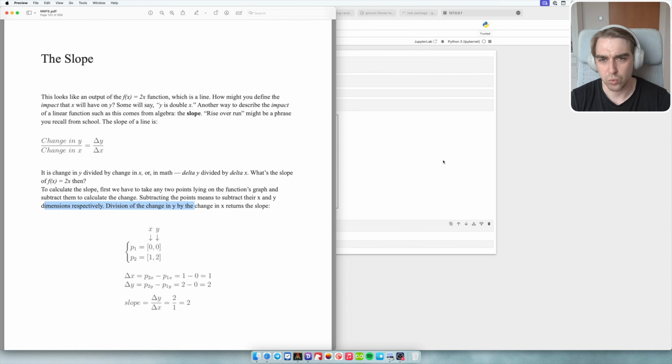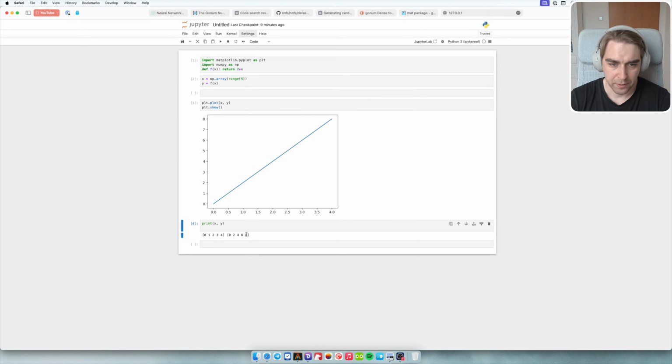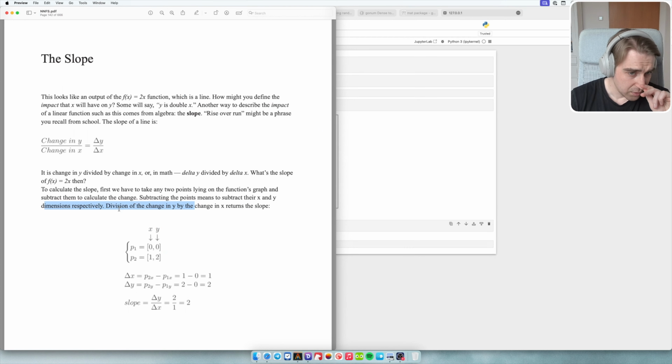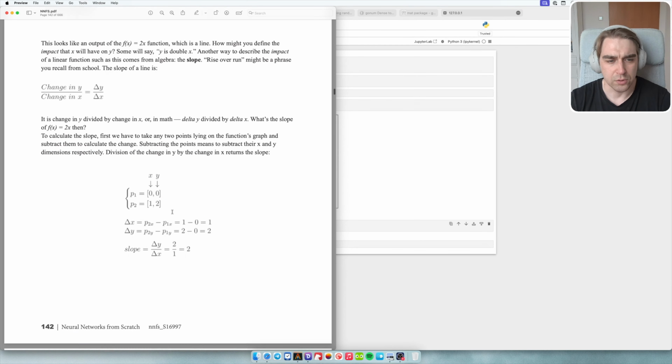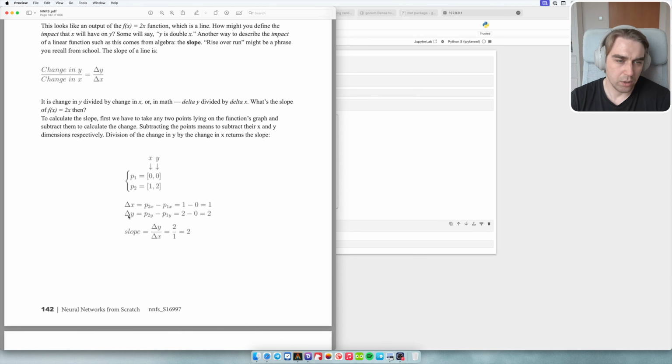So for example, if we have 8 as a result, we take 4 as an input. If we have 4 as a result, we take 2 as an input, right? Dividing the change in y by the change in x returns the slope. So we have delta x of 1, delta y equal to 2, so the slope is 2.